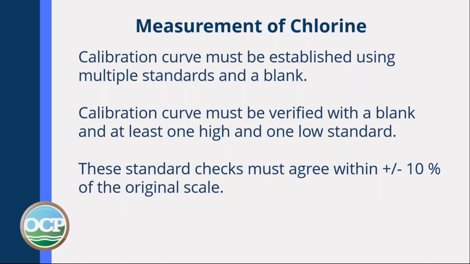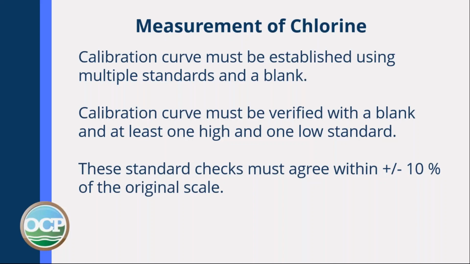When you're using those methods, a calibration curve must be established using multiple standards and a blank. The calibration curve must be verified with a blank and at least one high and one low standard each day.